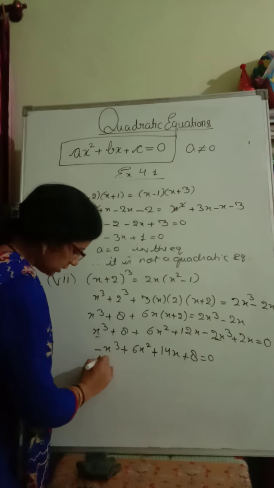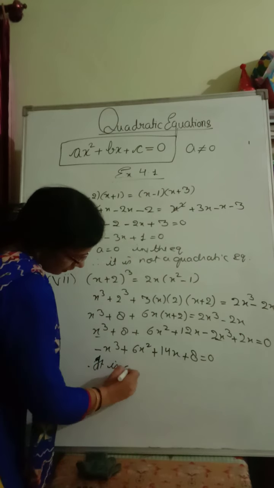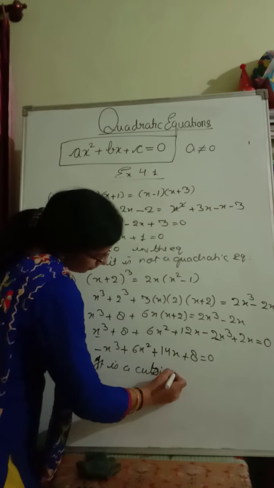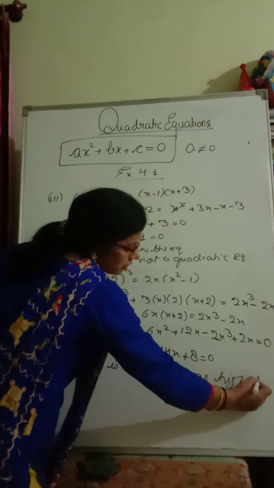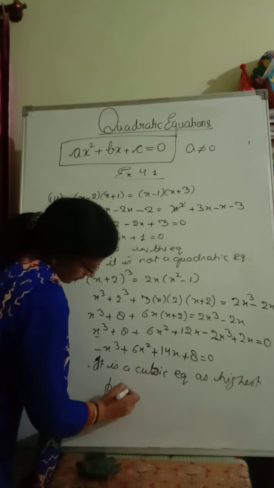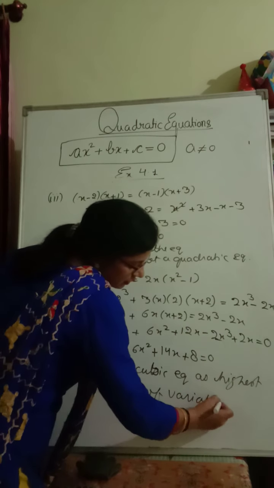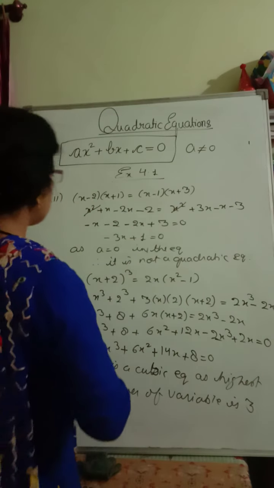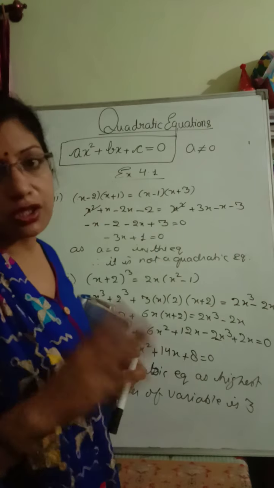So we'll write: it is a cubic equation as the highest power of the variable is 3. Okay. So as the highest power of variable is 3, that is a cubic polynomial equation. The rest of the parts and the rest of the questions you do yourself.